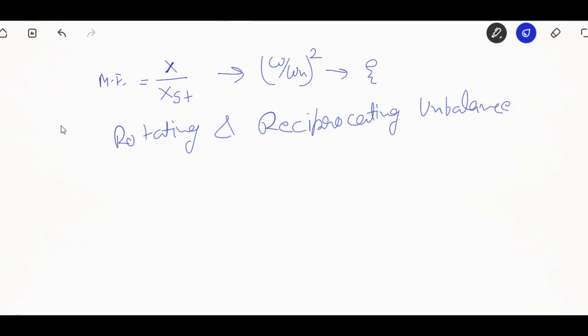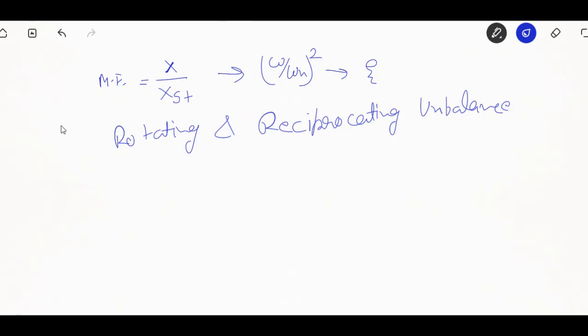Now where are these kinds of cases essential? If we talk about an electrical motor, a turbine, and in fact all other machinery which has rotating parts, they have some amount of unbalance left in them because of manufacturing inaccuracy. Deposition of material at a certain place gives higher density, and this ultimately causes a shift in the center of gravity. So we cannot say that it is a perfectly balanced system, and some unbalance would remain in such a system.